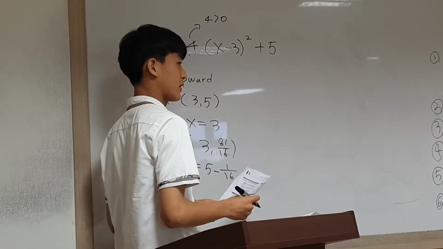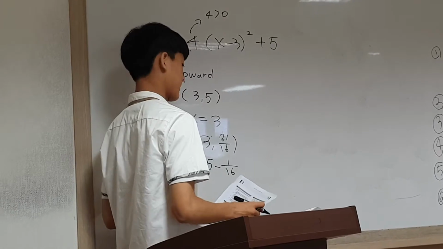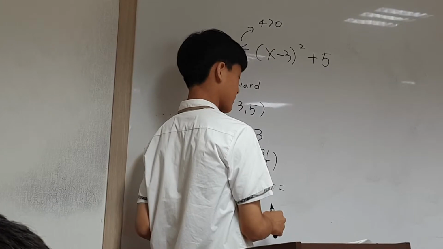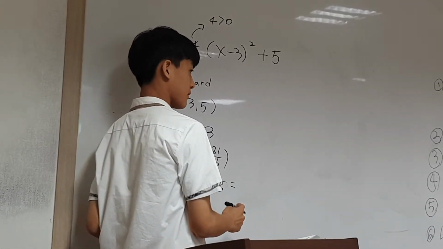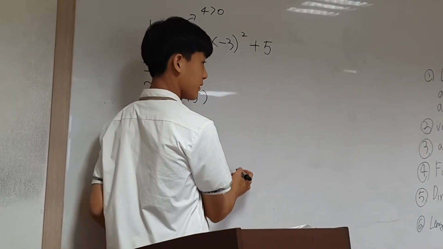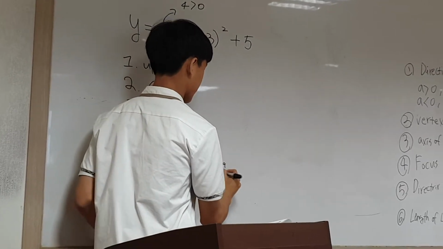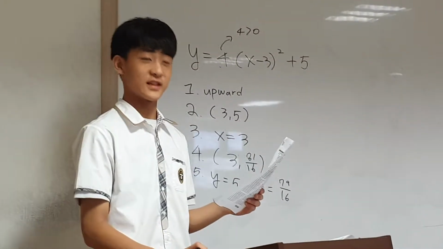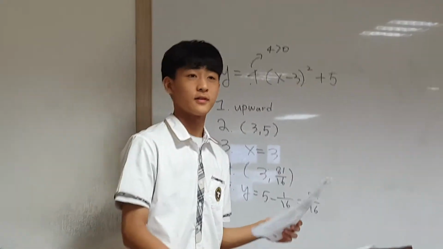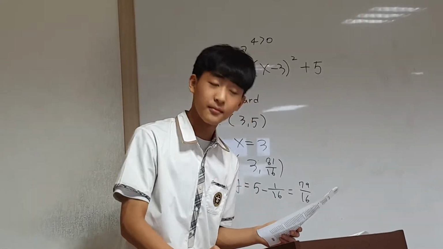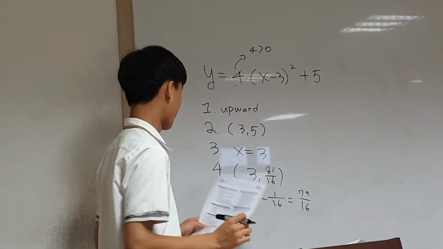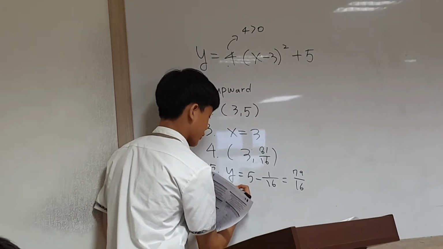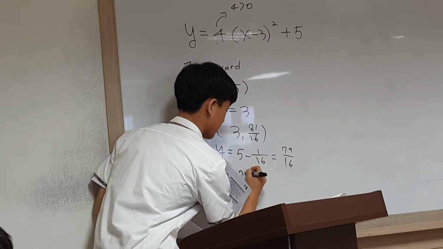So it would be 79 over 16. Good. And the last one, Youngjin, what would be the length of latus rectum? 1 over 4 units. The length of latus rectum will be 1 over 4 units.